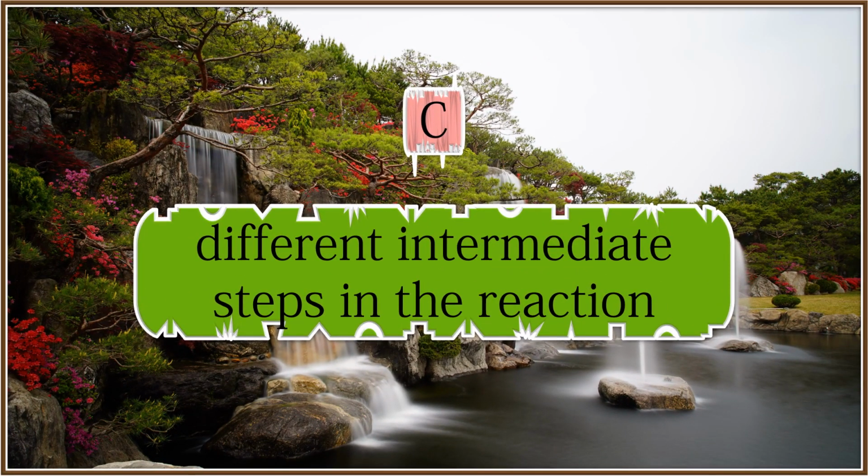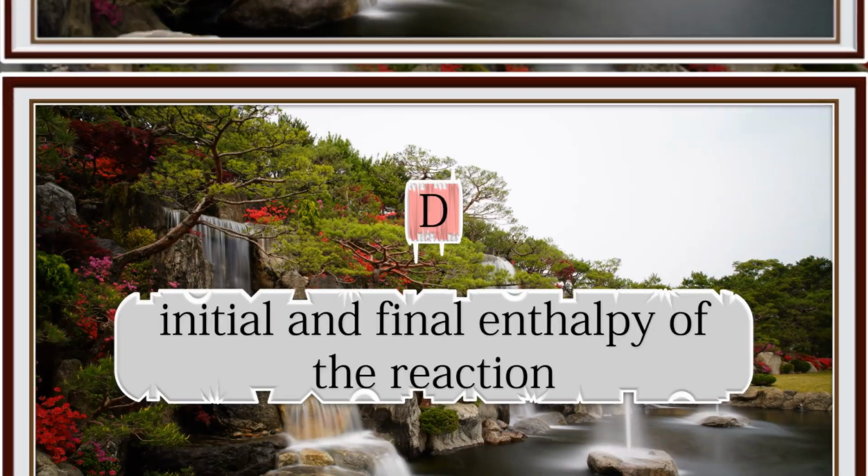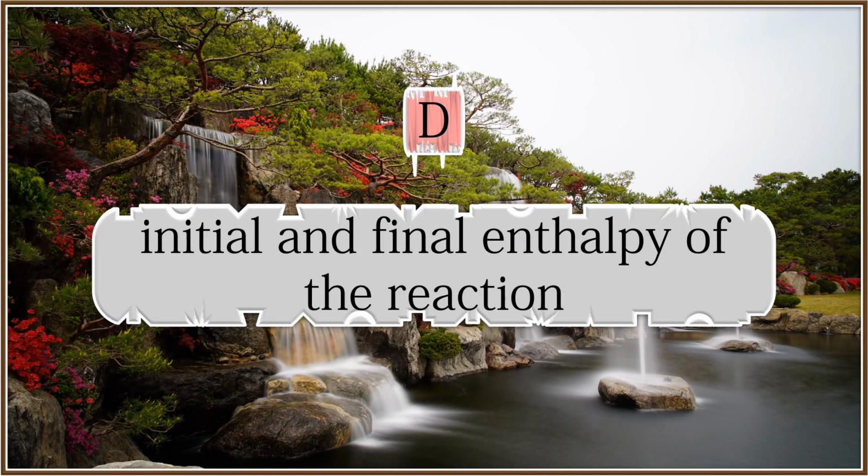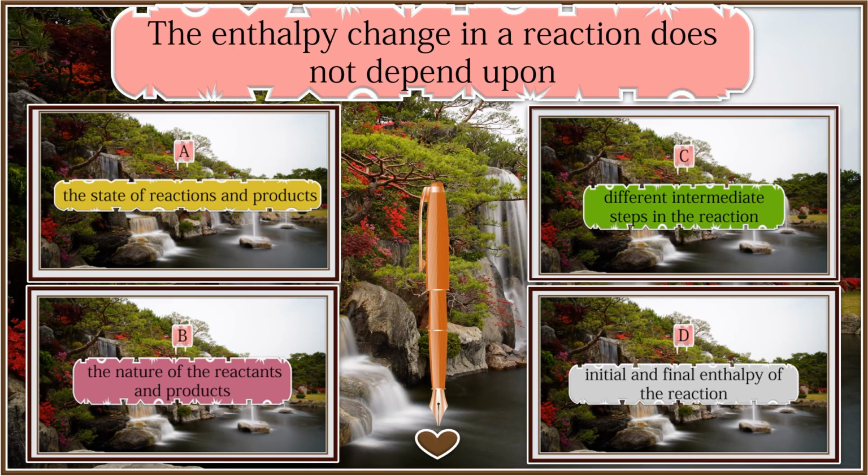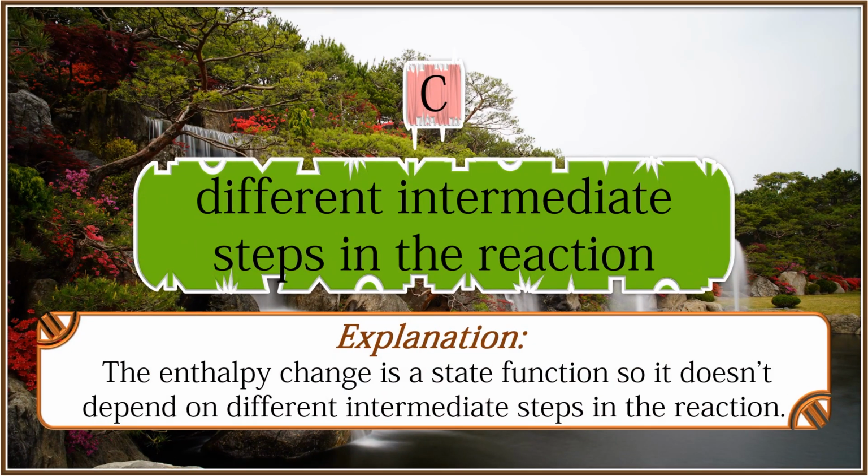Different intermediate steps in the reaction. Initial and final enthalpy of the reaction. The answer is different intermediate steps in the reaction. The enthalpy change is a state function, so it does not depend on the different intermediate steps in the reaction.